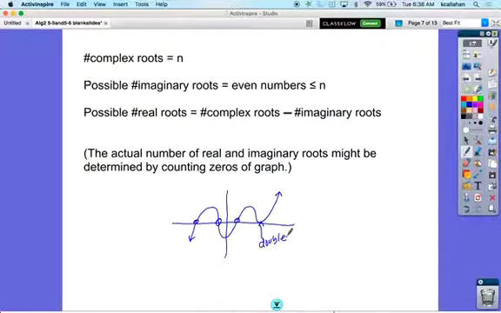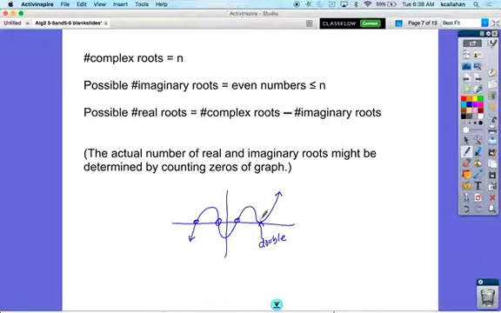So that's actually 1, 2, 3, 4, 5. There's 5 real roots or zeros of this fictional quintic polynomial. So how many imaginary are there? There's none, because there's a total of 5 and they're all real. I can see them all, right?